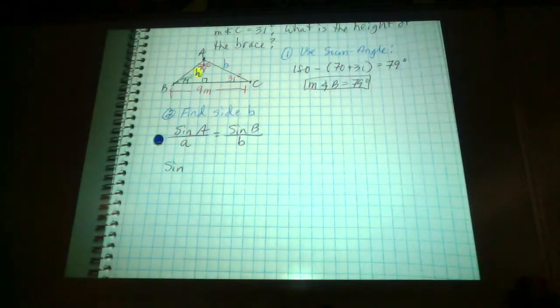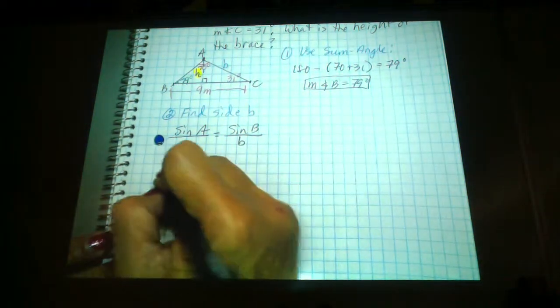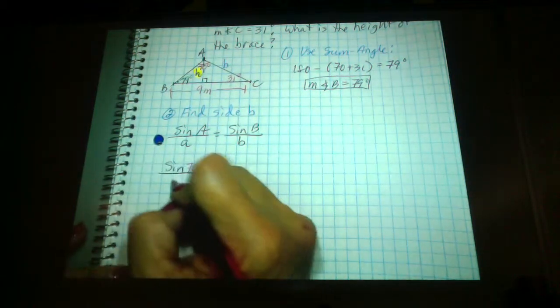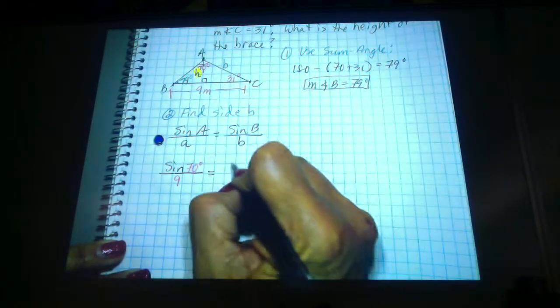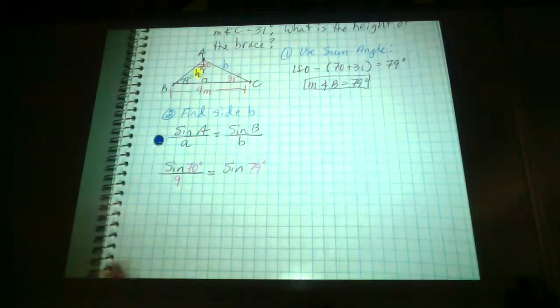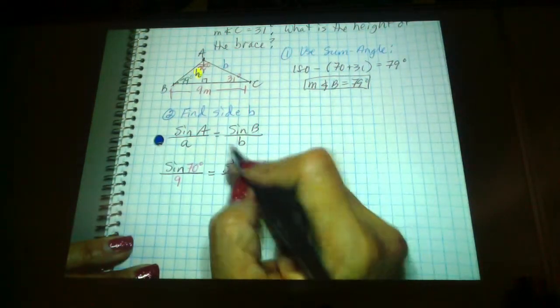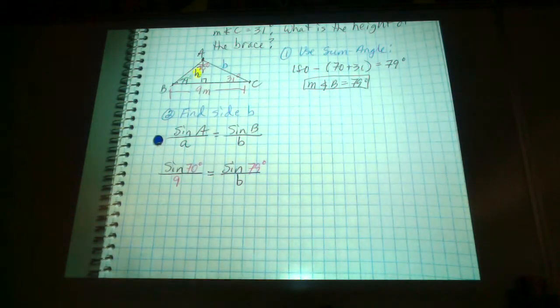Sine of A, so A is 70 degrees, divided by the length of side A, which is 9, equals sine of B. We now know that B is 79 degrees, divided by the length of side B. That's what I don't know. So then we're going to cross multiply and solve.